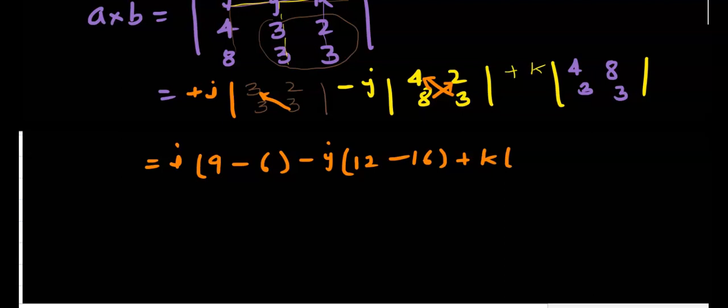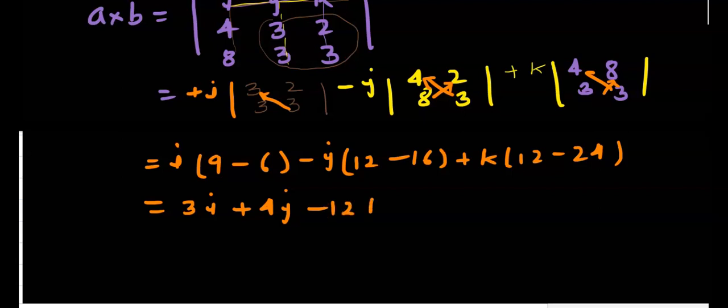Then plus k, this is 3 times 4 is 12 and 3 times 8 is 24. So we have got here 9 take away 6, that is 3i. 12 minus 16 is minus 4, minus 4 times minus j, that is plus 4j. 12 minus 24 is minus 12, minus 12k. Okay, this is our A cross B.